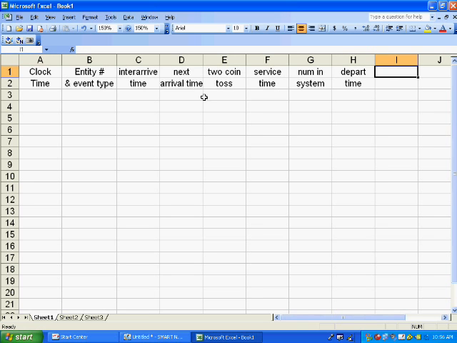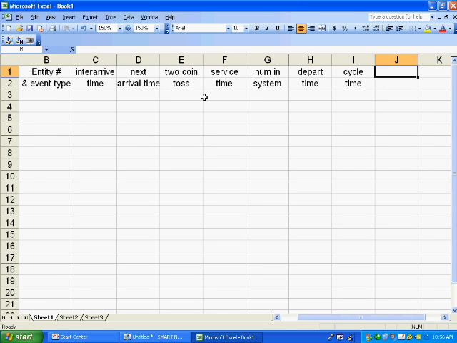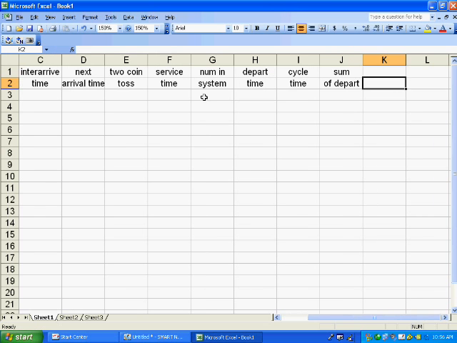Cycle time. Sum of departures. I'll just put depart. I'll explain these a little bit more fully when we get to them.